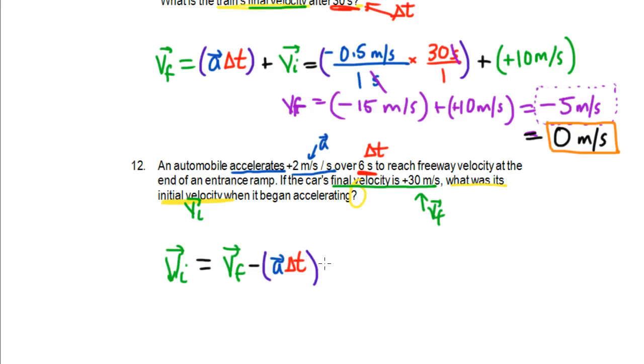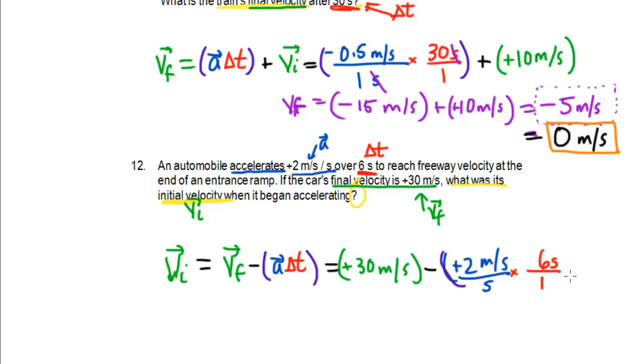Hurry up before my battery runs out. v sub i equals plus 30 meters per second minus a, which is plus 2 meters per second squared, times delta t, which is times 6 seconds over 1.